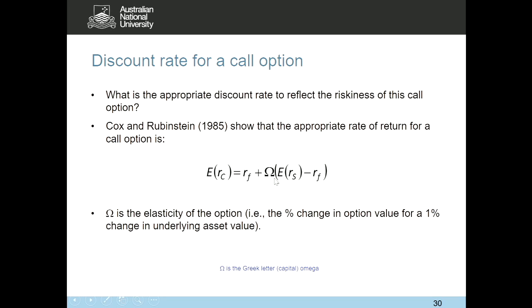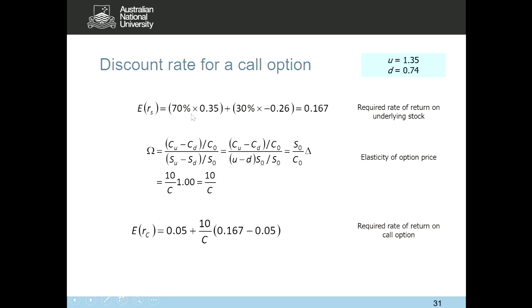And we also know what is the expected stock return. How do we work out expected stock return? So when the share price increased from $10 to $13.50, that represents 35% return, right? When the share price decreased from $10 to $7.40, that represents negative 26% return.